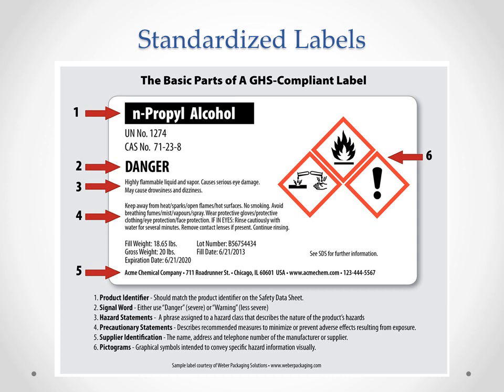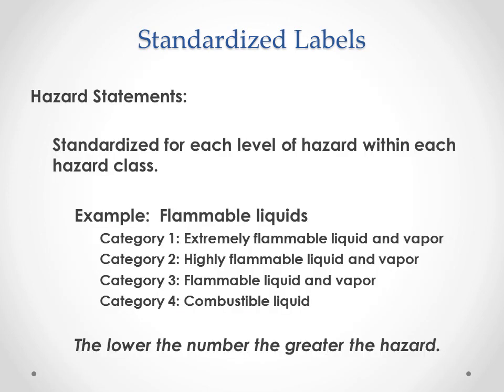This is the name, address, and telephone number of the manufacturer or supplier of the product. Number 6 shows 3 of the new pictograms that apply to this particular chemical. While this label shows 3, there are up to 9 total that may be used, representing the 9 classes of hazards. We've already covered the product identifier and signal word, so let's go into more detail about hazard statements.